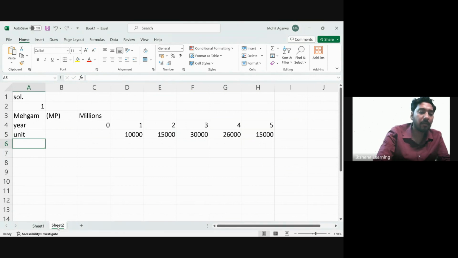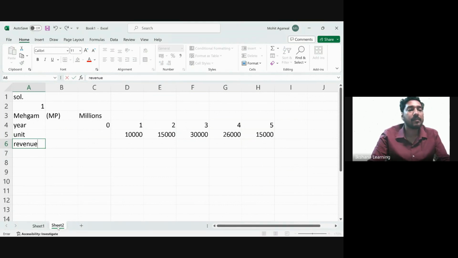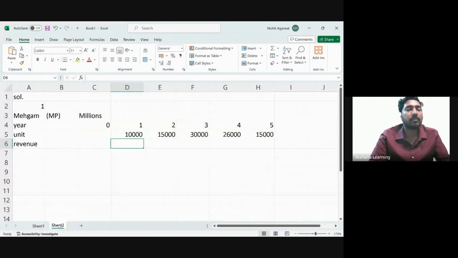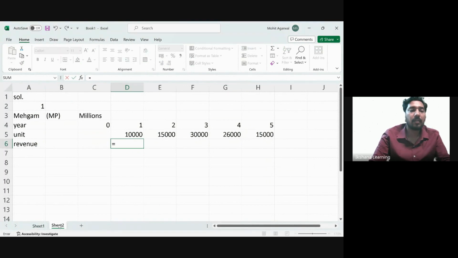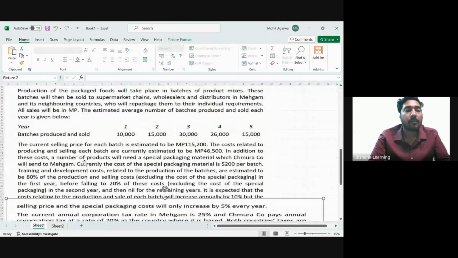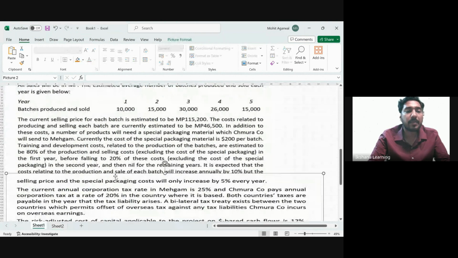Now let's talk about revenue. It says that one unit will be sold for 115200. So not an issue. Simply multiply this by 115200, right? And inflation, the selling price especially will only increase by 5%.